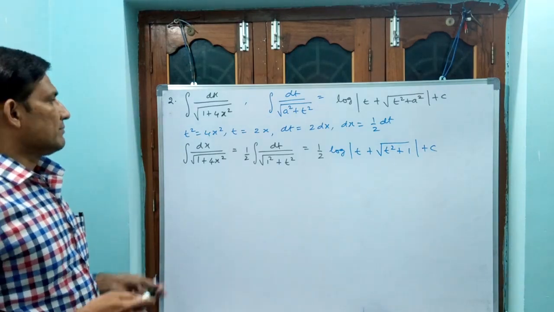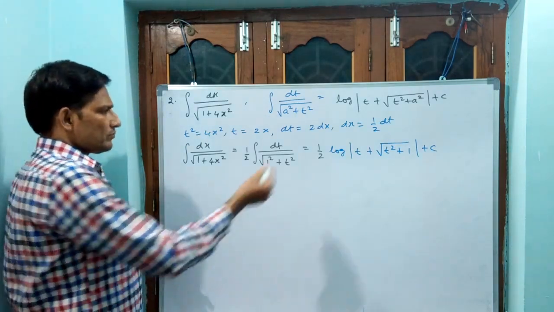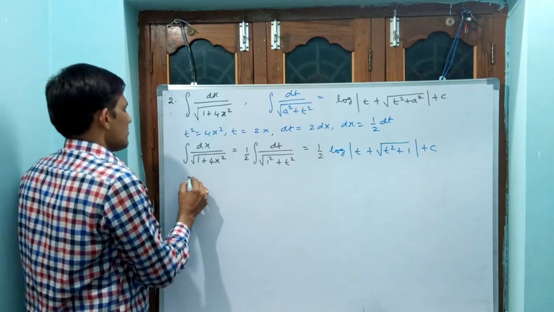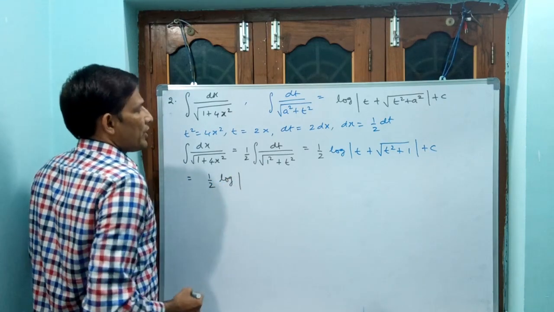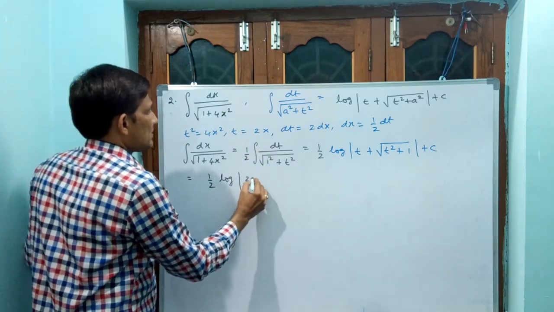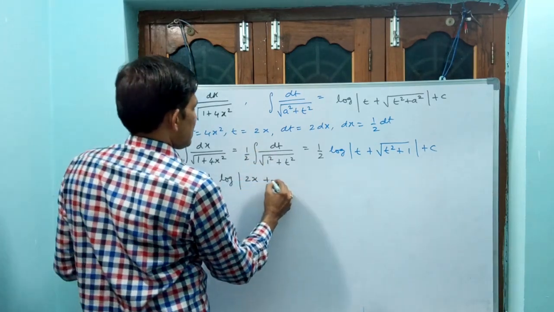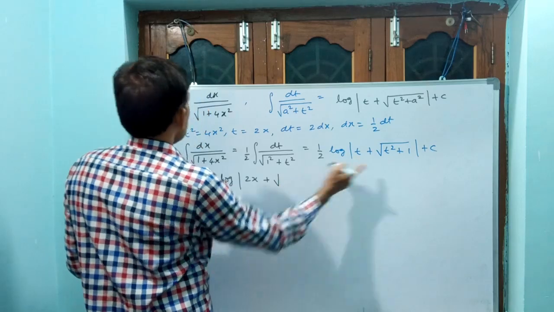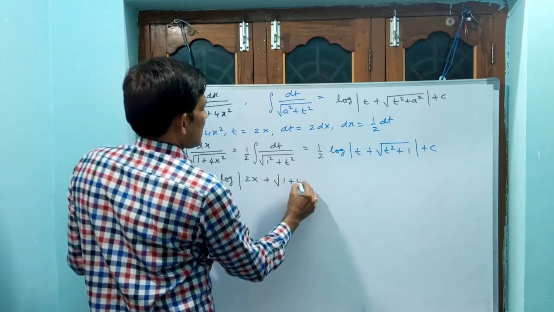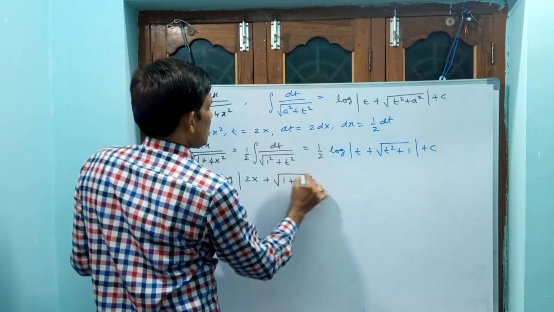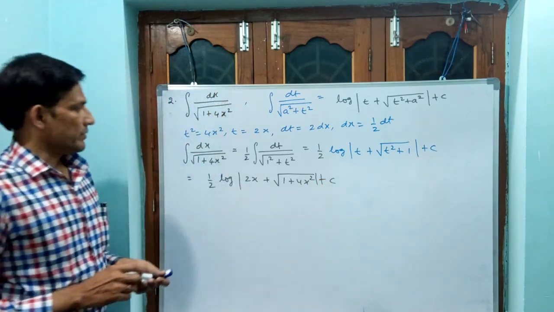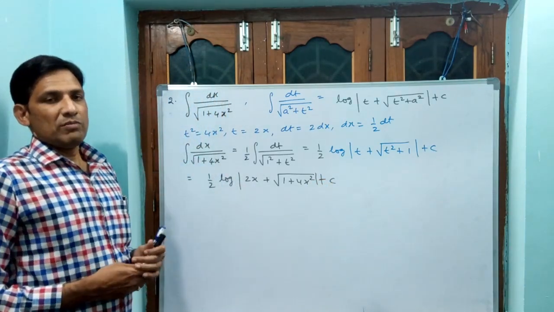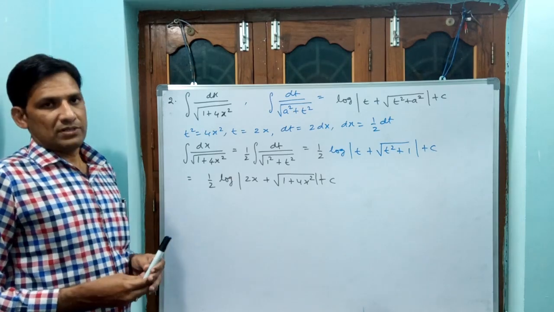Now write 1 by 2 log, t means 2x: 2x plus square root of 1 plus 4x square, plus c. This will be your answer for your second question.